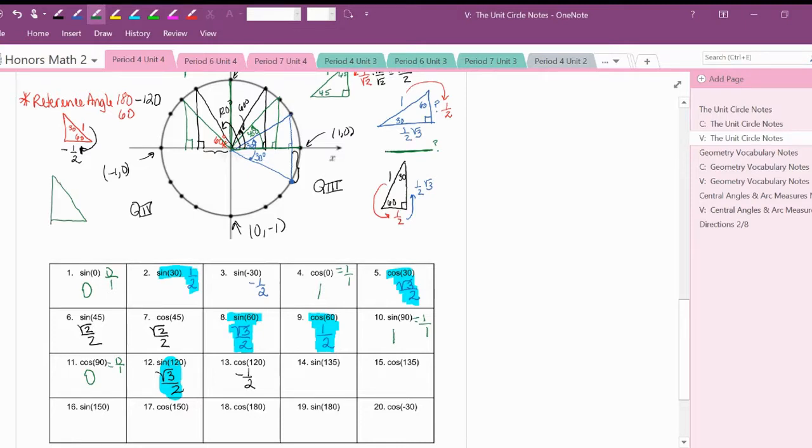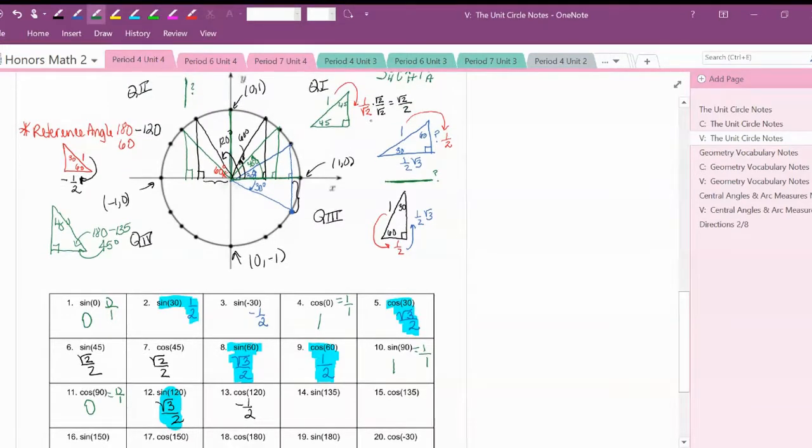Our reference angle here is 180 subtract 135, which would give us 45. So now we have a 45, 45, 90 triangle again. I know the cosine and the sine will have the same value, and I can use what I learned in the first quadrant here. That value is square root 2 over 2.